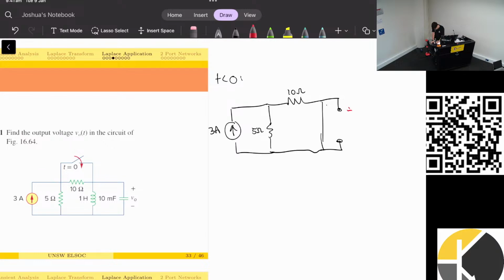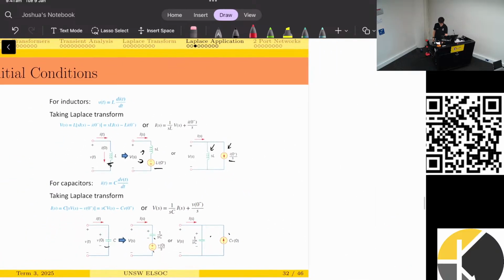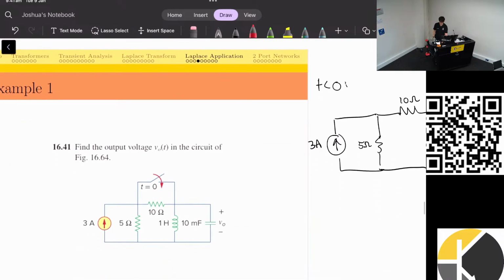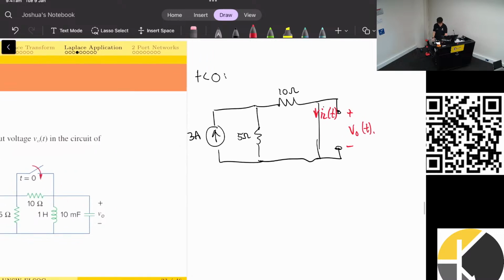And I'm interested in V0 of t. And I'm also interested in IL of t. One important thing I'll say is when we're using Laplace, we don't have to find the derivative for the initial condition. Because if we look here, we're only really dealing with the actual initial voltage and initial current. So that's a positive. We only have to look at one of these circuits for initial conditions.